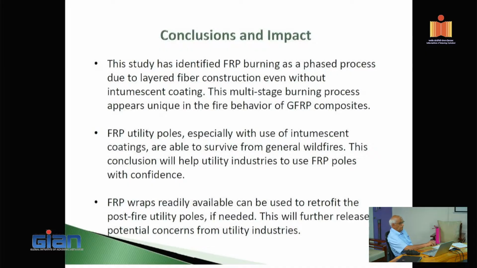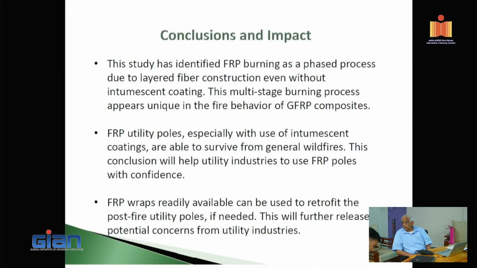Sir, what is the cross section of that utility pole? Is it hollow? Hollow. It is hollow. I have several cross sections depending on the length of the cantilever pole you want. They are 12 inches, 16 inches, 24 inches, and 18 inches.